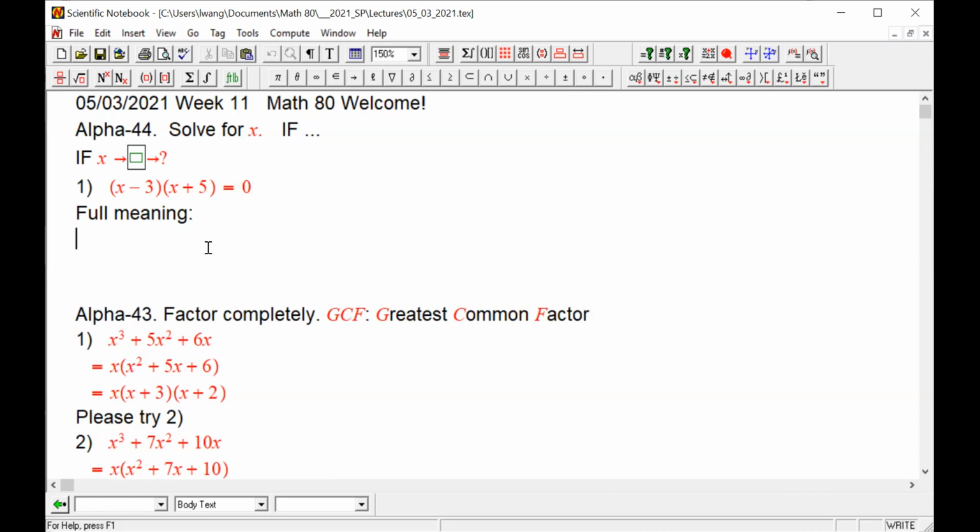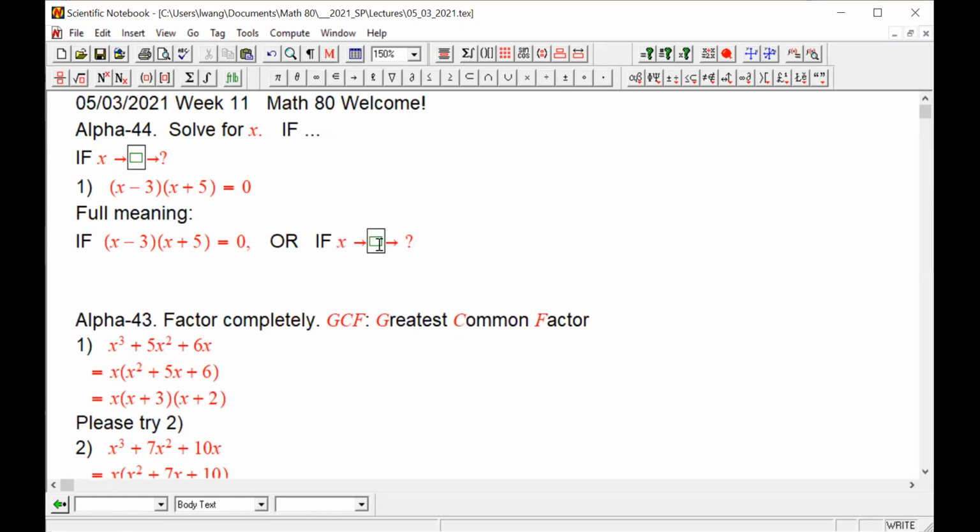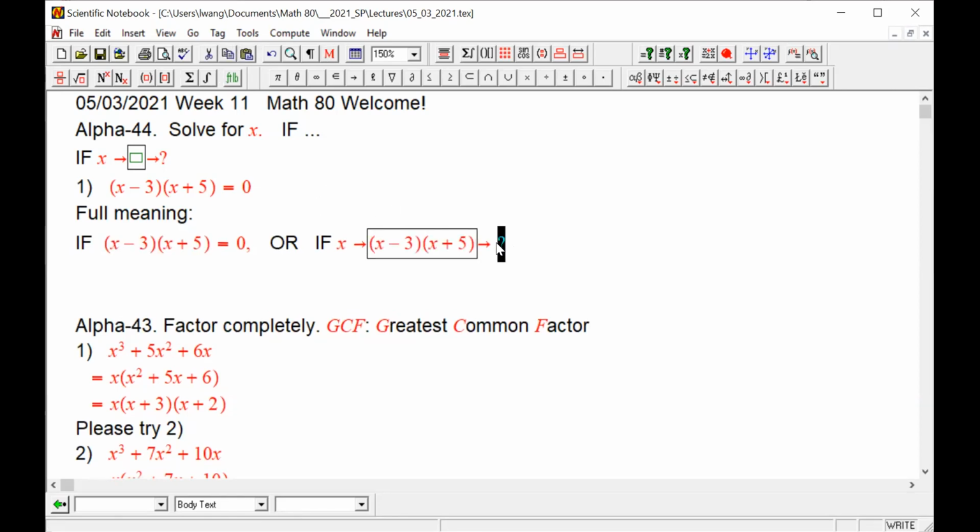The full meaning of this is saying if this function has an output equal to 0, or you can also view this in this form: if the input is unknown, the output is produced this way, and the output we want to be 0.